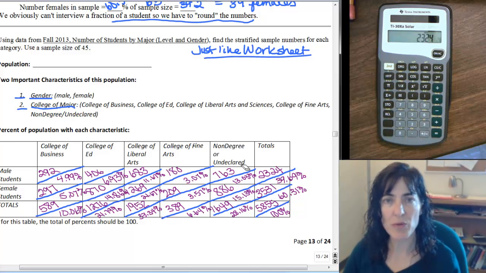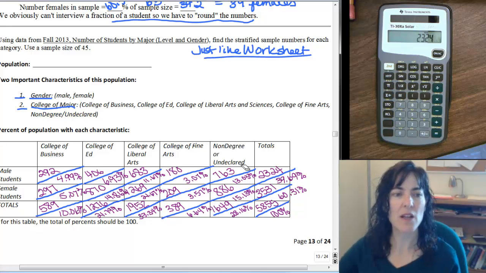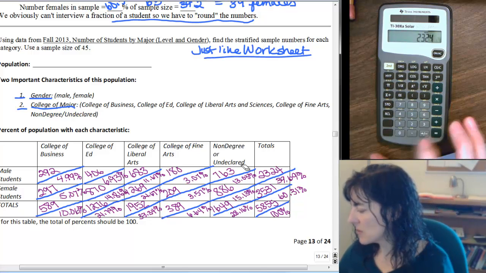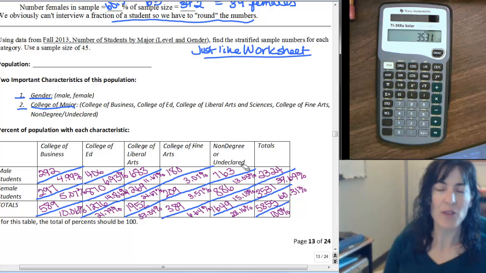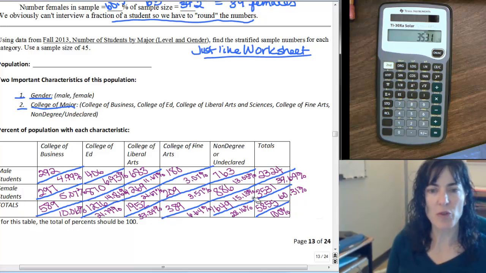And I get 2324, and that's perfect because that's the number of male students that I had at Eastern from my previous look at the data. So I'm going to add up all the females now. And when I add those, I get 3531. That's good. That's the number of females I expected to have.